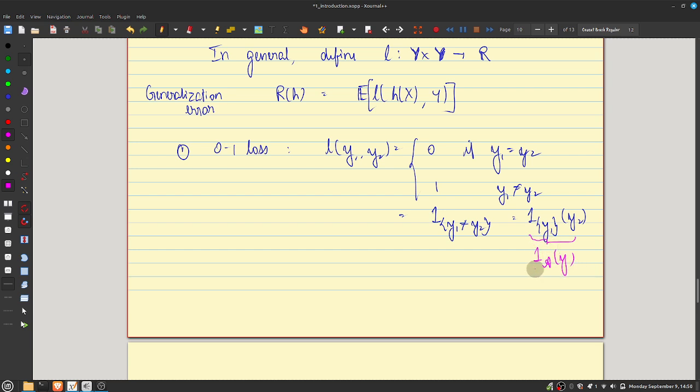This function takes the value 1 if y belongs to this set A and 0 if it does not belong to this particular set A. So in fact, this should be y1 complement y2. So it takes the value 1 if y2 is not equal to y1, and it's equal to 0 if y2 is equal to y1.